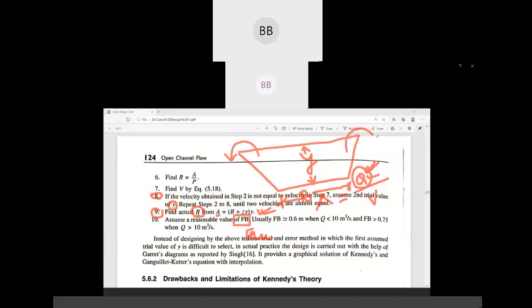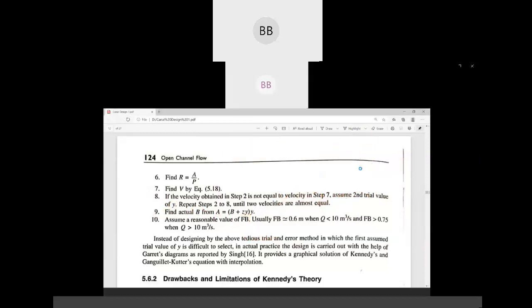Though we design the channel for the maximum discharge, still in the worst case, if a discharge more than what we considered during the design is released in that channel, then there will be an overflow.